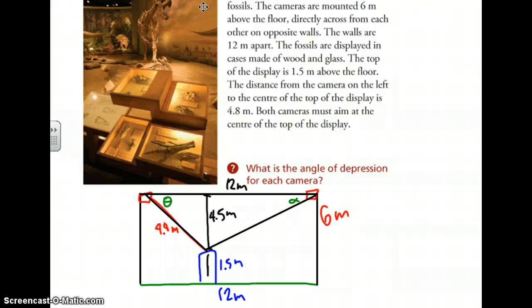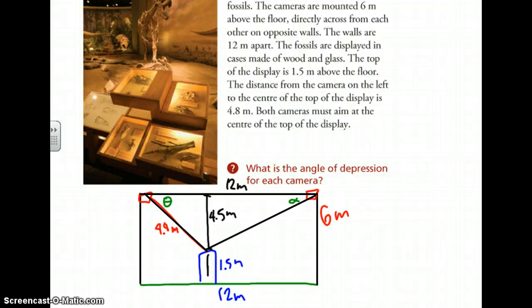Theta, across from it is this side here, which we don't know. Alpha, across from it is that side, which we do know. And this angle here, across from it is that side there, which we do know, but we don't know the angle.